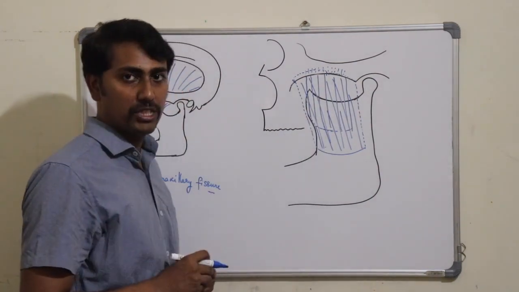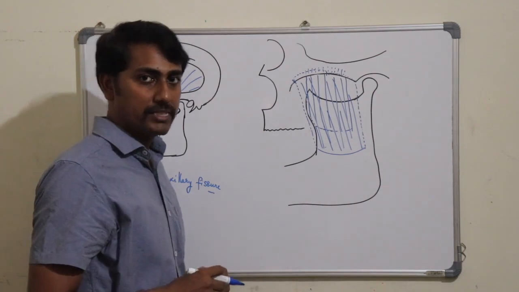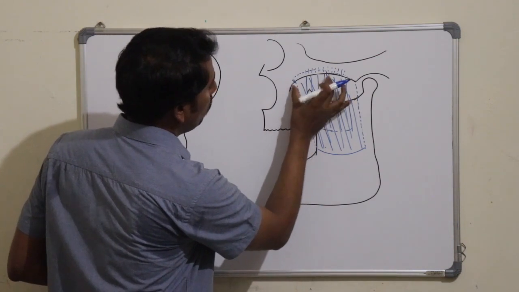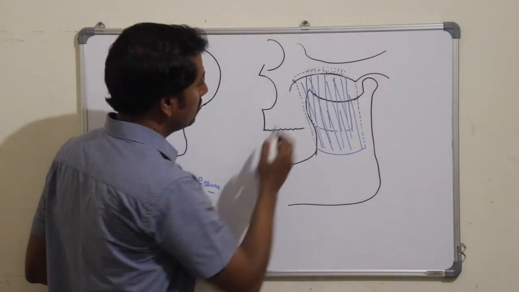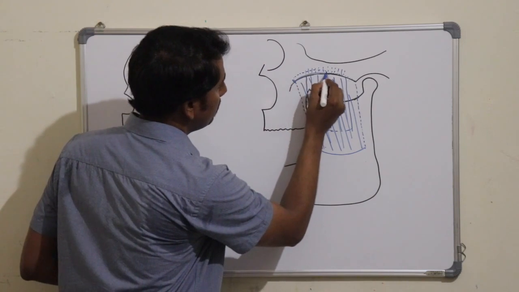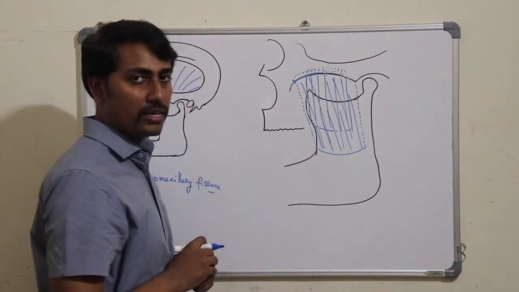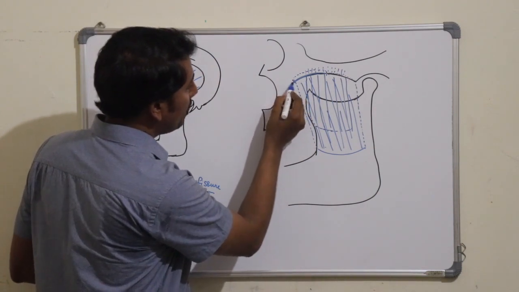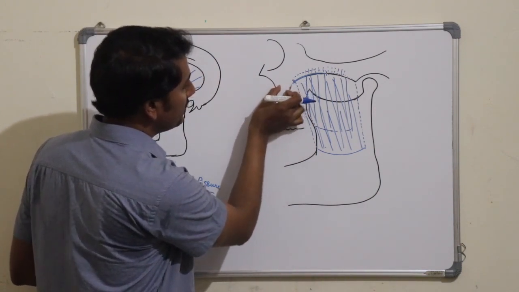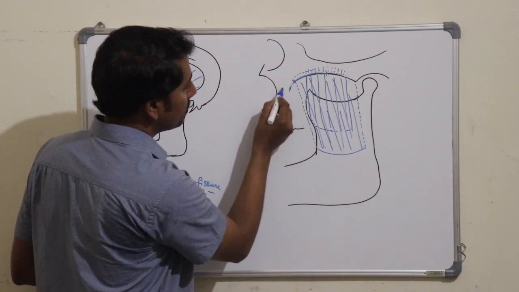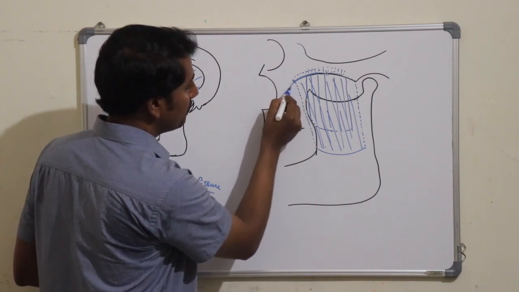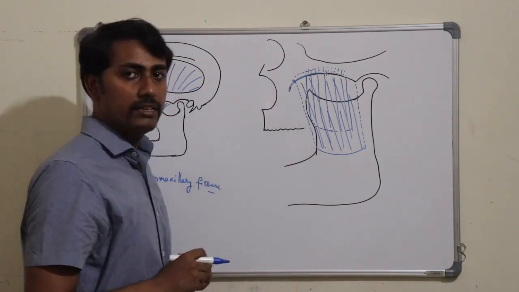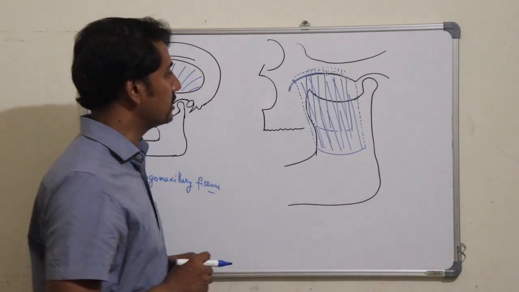Now the superficial part. The superficial part of the masseter muscle arises from the anterior two-thirds of the lower border of the zygomatic arch. So from this region, anterior two-thirds, lower border, and some part from the adjoining area of a process of the maxilla, that is the zygomatic process of the maxilla, from this region. Okay, so these two are the origins of the superficial part of the masseter muscle.